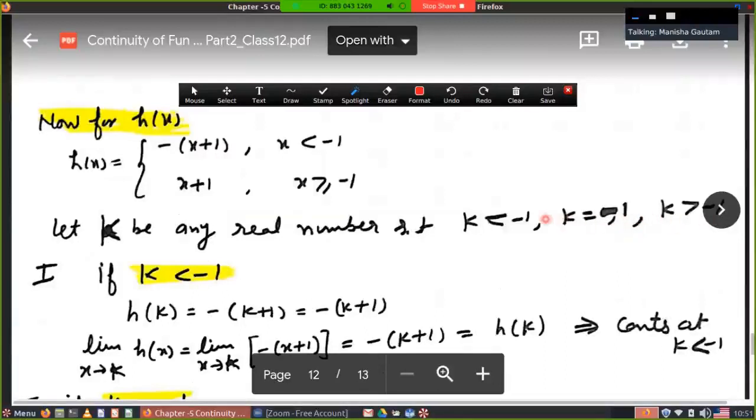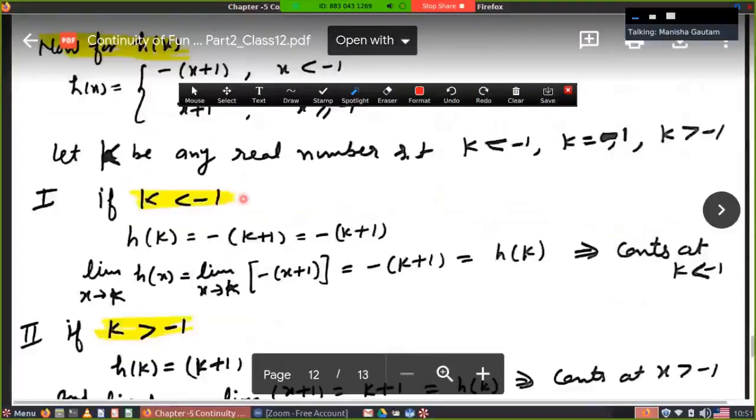You have to check the continuity of the function when x is less than −1. You have to take the function y = −(k + 1). And when k is equal to −1, you are taking x + 1. If k is greater than −1, you have to take the function y = x + 1. Now prove it here.